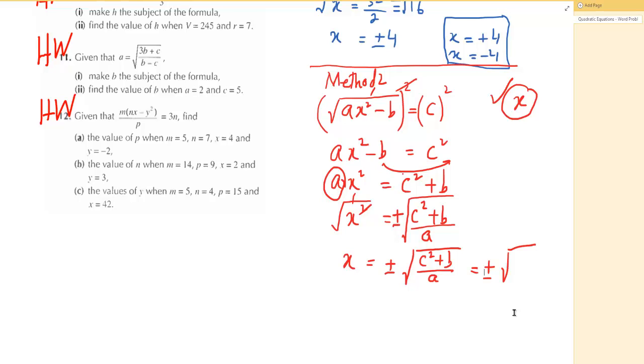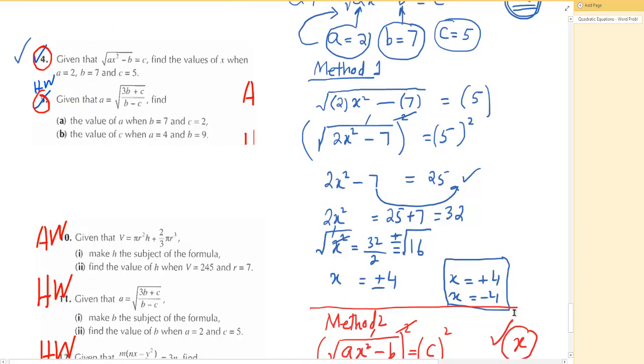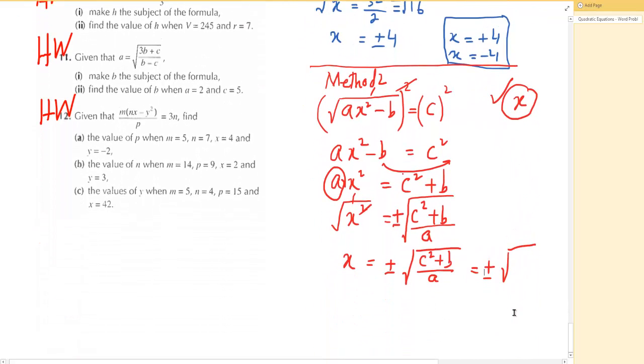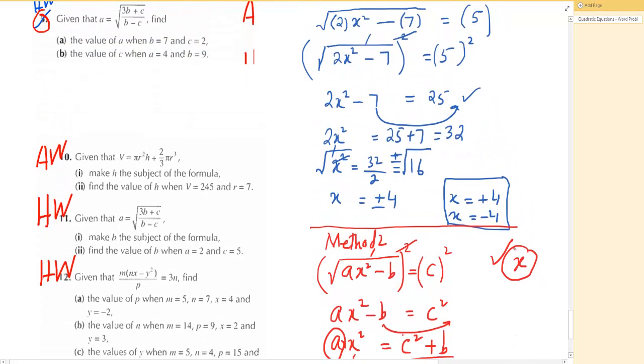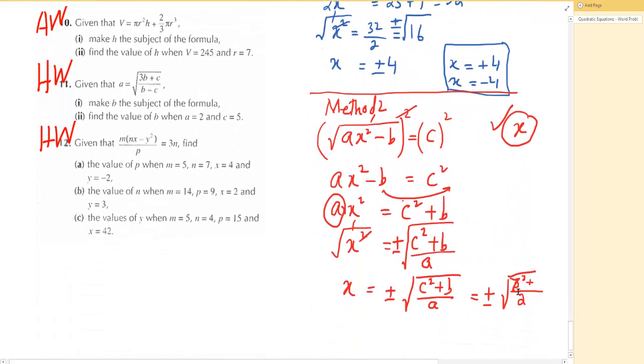Okay, so a is 2, 7, and 5. So a is 2. So let me write 2 over here. It's 7 square. Sorry, c is 5, sorry.